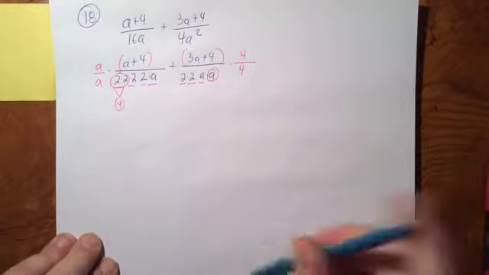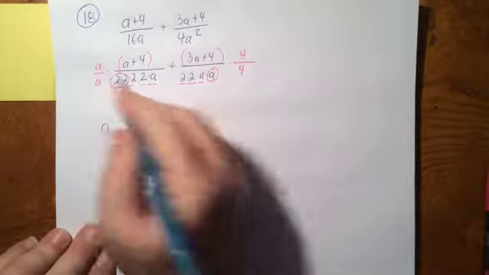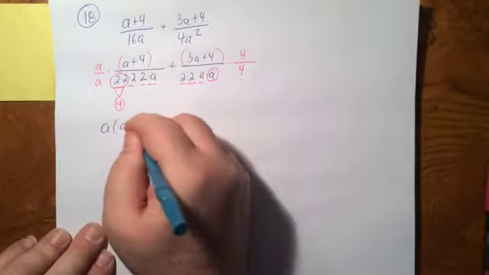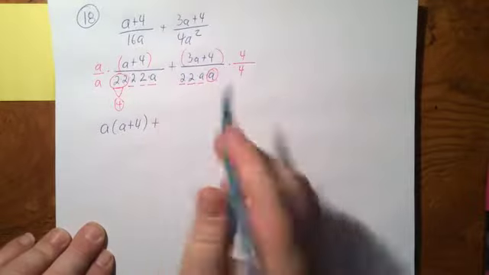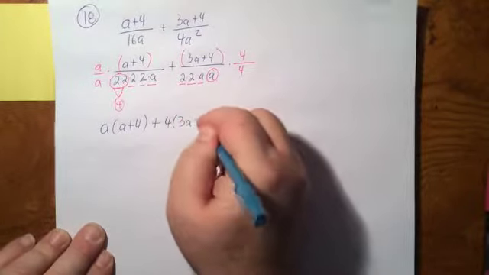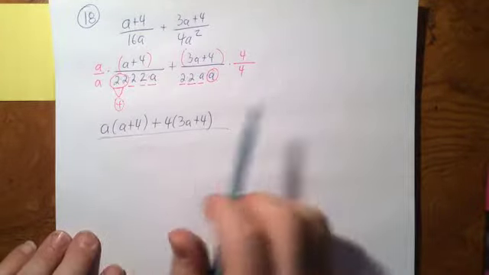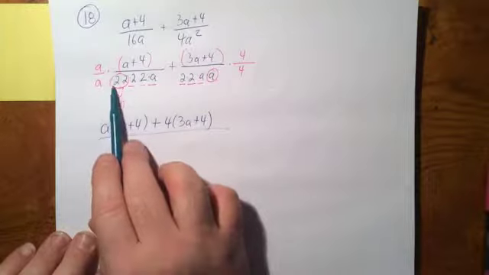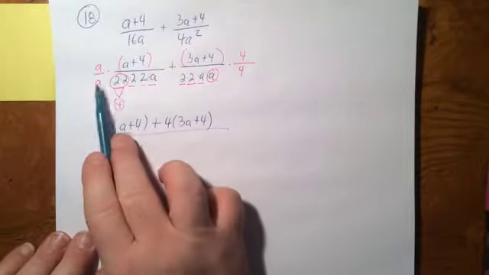So now, let's continue our work. So now we're going to have the quantity of a from here times a plus 4 plus, let's put the 4 over here, times 3a plus 4. What is this all going to be over? We have 2 times 2 times 2 times 2 times a times a. 4 2's and 2 a's here.